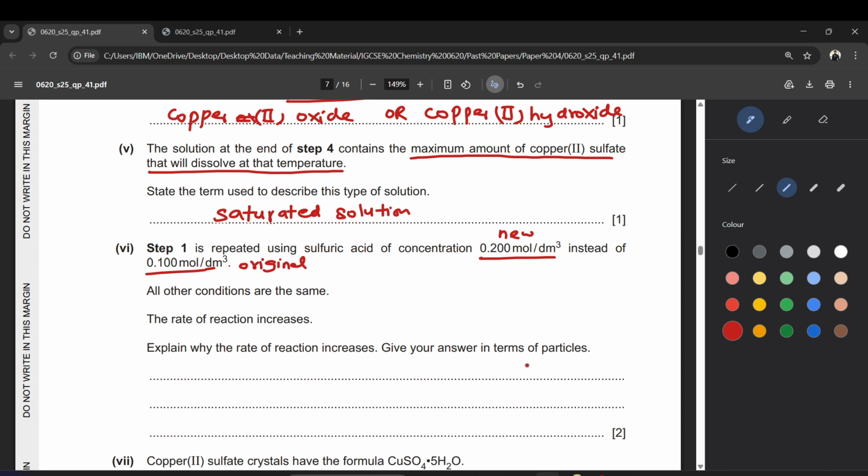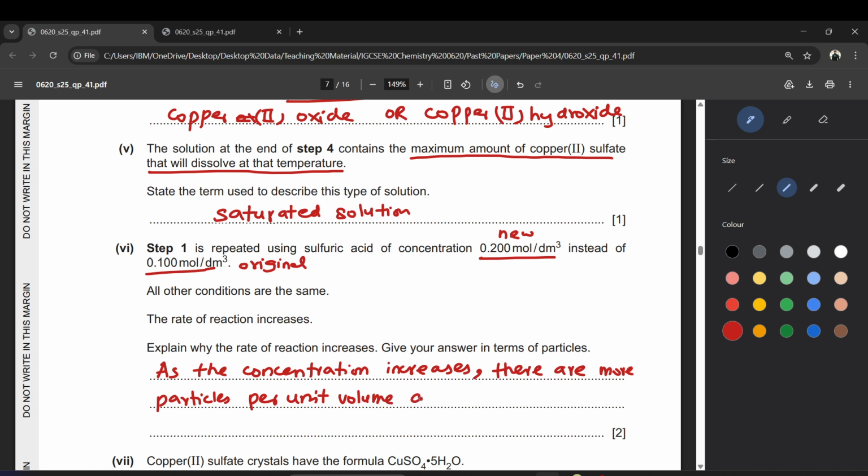So we say that as the concentration increases, there are more particles per unit volume.